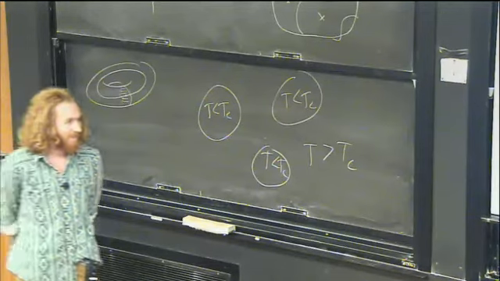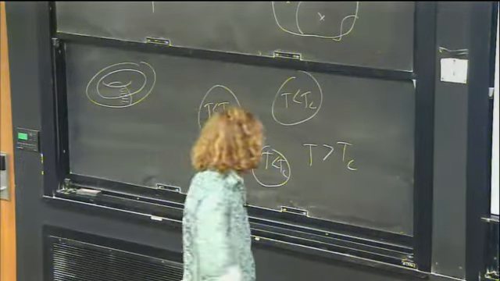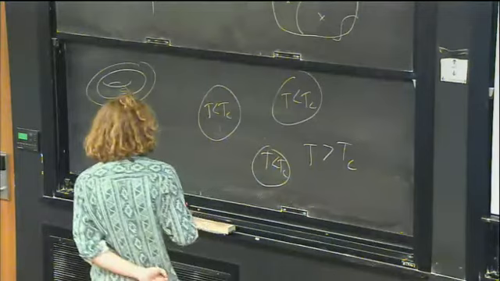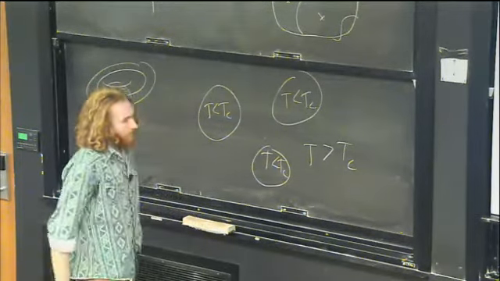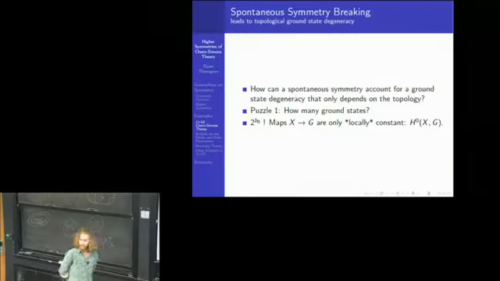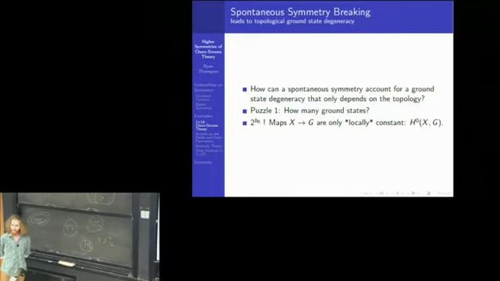So here, our maps from our space, which here is really disconnected, only have to be locally constant into our group. So here we get a topological ground state degeneracy, although it's kind of the most boring kind, because it only depends on the number of components, but still it depends on the topology of the manifold. So even ordinary symmetries, spontaneously broken, give you topological ground state degeneracy.